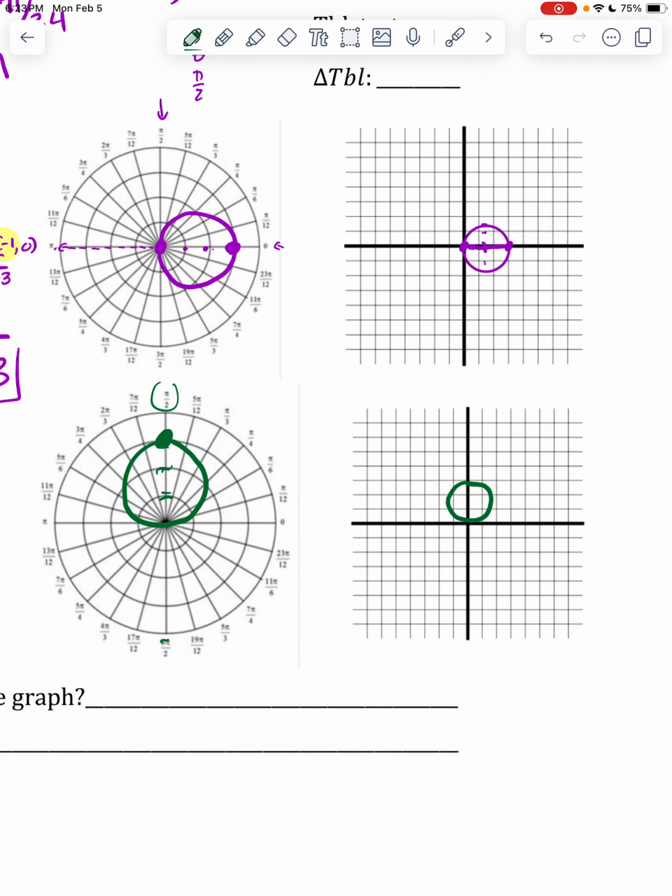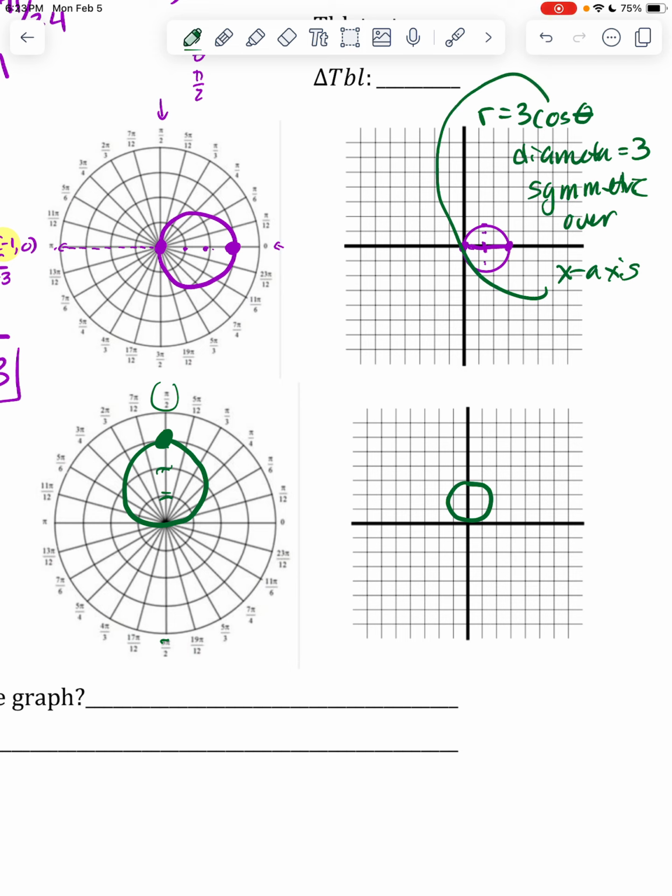So if I'm looking at these, the one that was r equals 3 cosine theta is a circle that has a diameter of 3, and it is symmetric over the x-axis, which I feel like I can remember because it's a cosine curve.